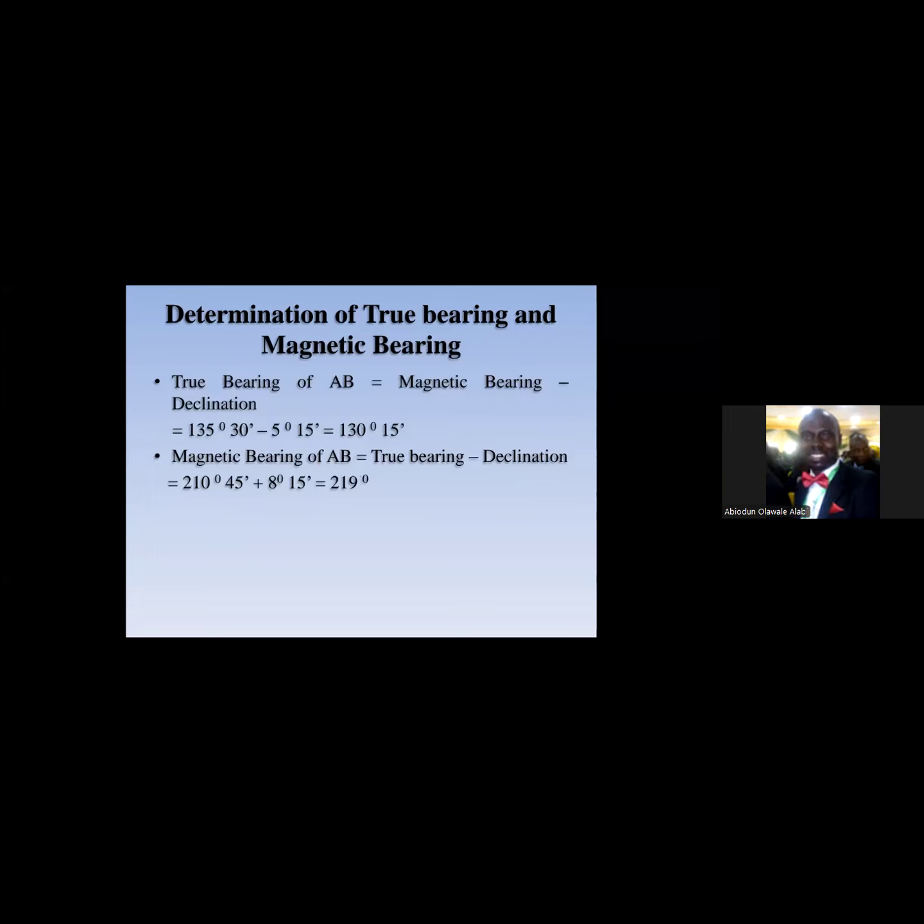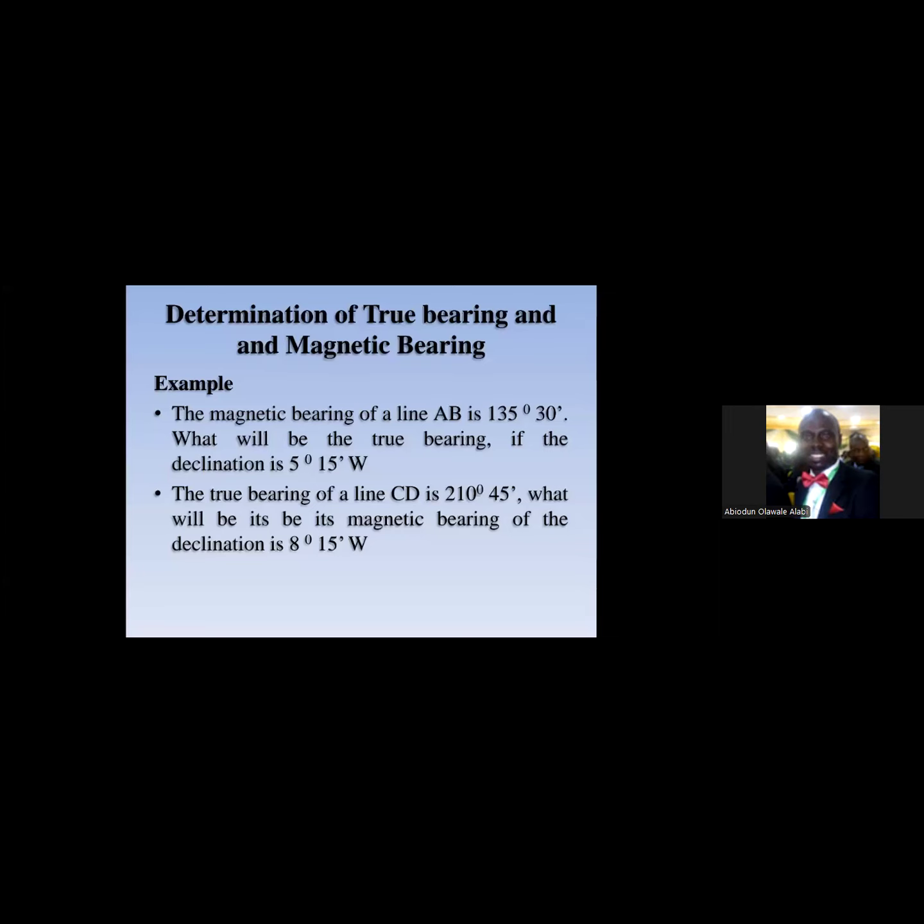So now the true bearing of AB equals magnetic bearing minus declination. Don't forget, when it is declination west, it will be negative, when the terminology that we are concerned to compute is the true bearing.